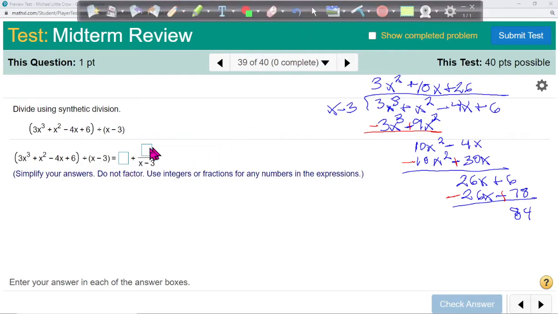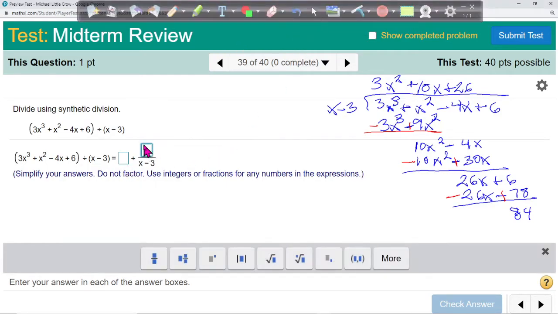So let's see how that works out. Put our remainder of 84 and 3x squared plus 10x, not s, x plus 26.